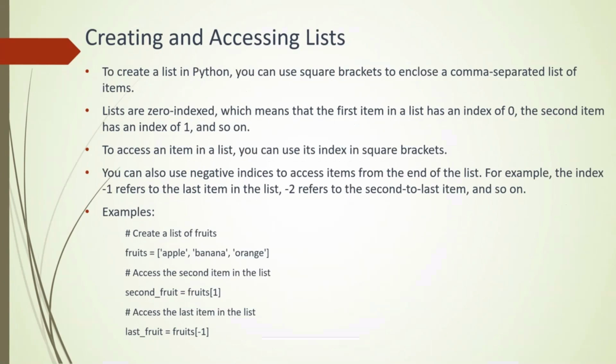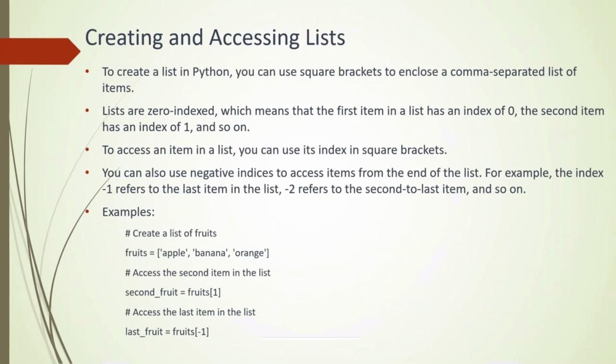For example, if you wanted to create a list of items, you say fruits is assigned a list enclosed in square brackets: apple, banana, orange. Remember that all those are of string type, which means that they are enclosed in single quotes.